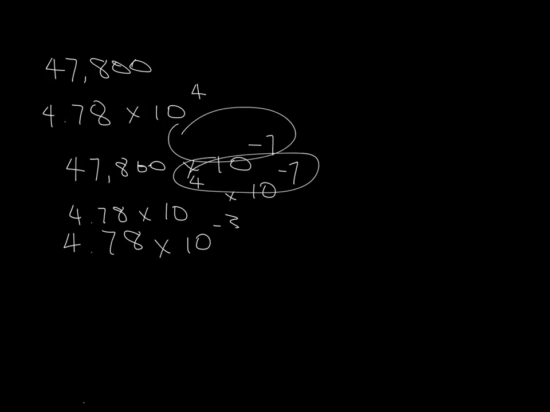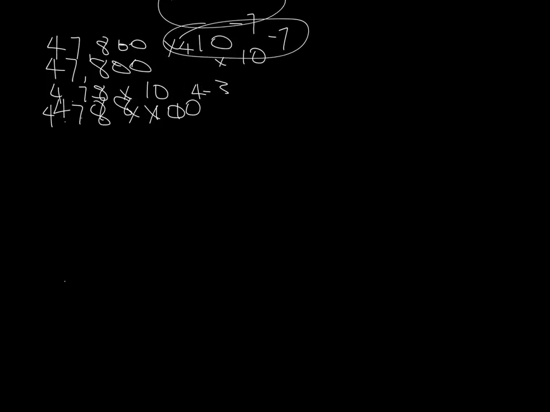Alright, last one here. Last one was 47,800 times 10 to the 7th. Okay, let's just look at these. Our decimal was there, we're going to move it there. So we're going to write it as 4.78 times 10.